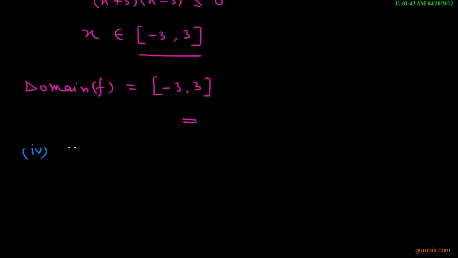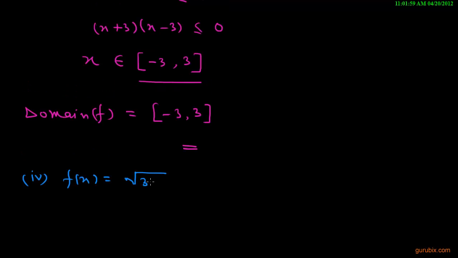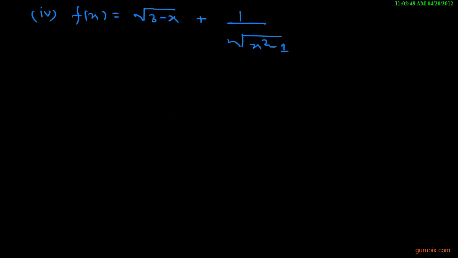and now we shall move to the fourth part. And in the fourth part we are given a function f(x) equals under root 3 minus x plus 1 over under root x square minus 1. So we can say that f(x) is defined for 3 minus x greater than or equal to 0 and x square minus 1 is just greater than 0.